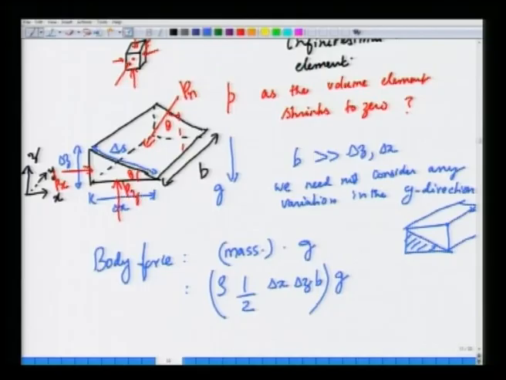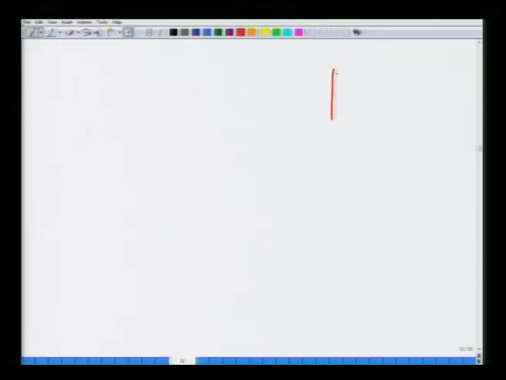What are the surface forces? In order to do this, I will just consider a cross section of this wedge like volume element. I will take a cut in the y direction, and this is P x, this is P z, this is P n, and this angle is theta, so is this angle. Okay.